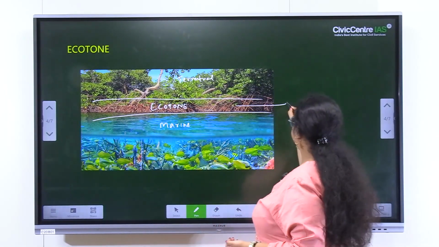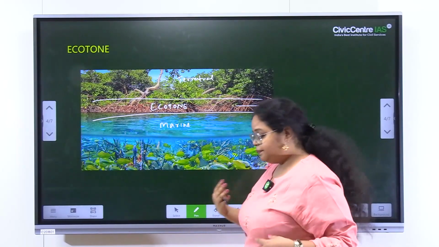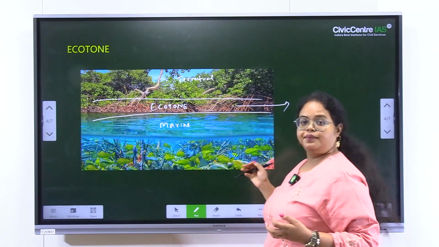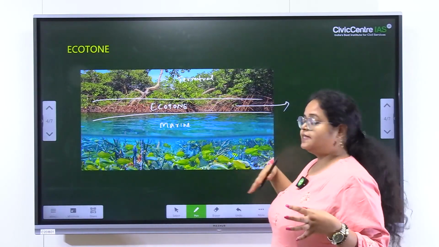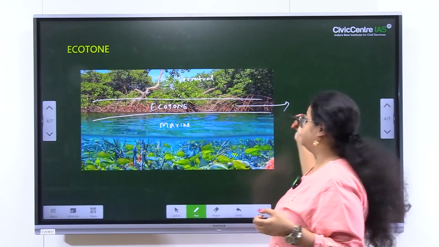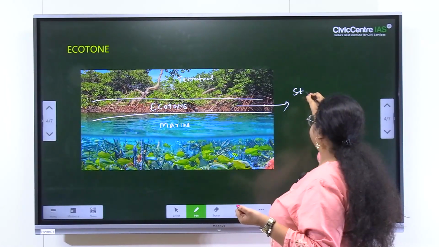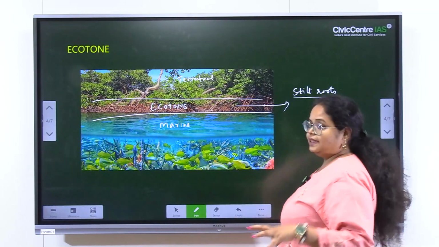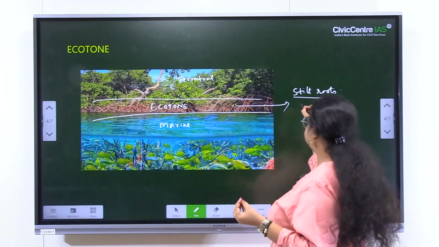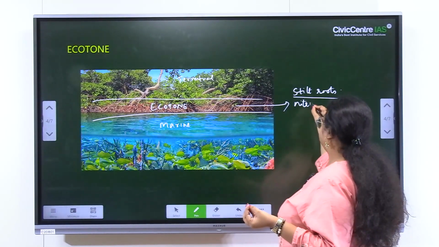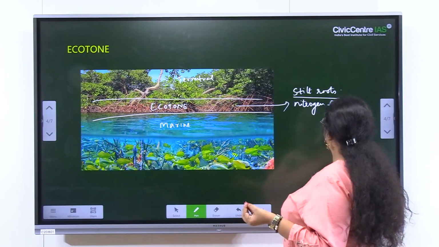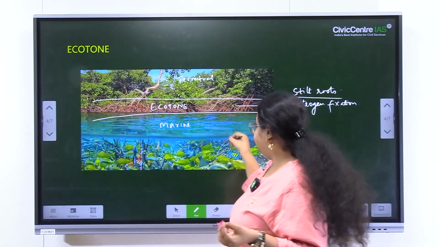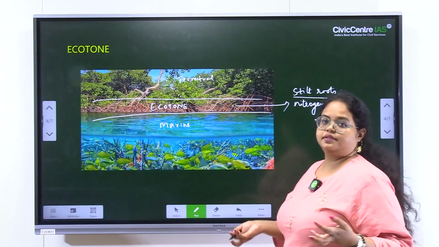These unique mangroves have adapted to the environment here and have specific features to sustain in this ecosystem. Like they have stilt roots. These stilt roots help them in nitrogen fixation. They go very deep into the sediments to draw the nutrients.